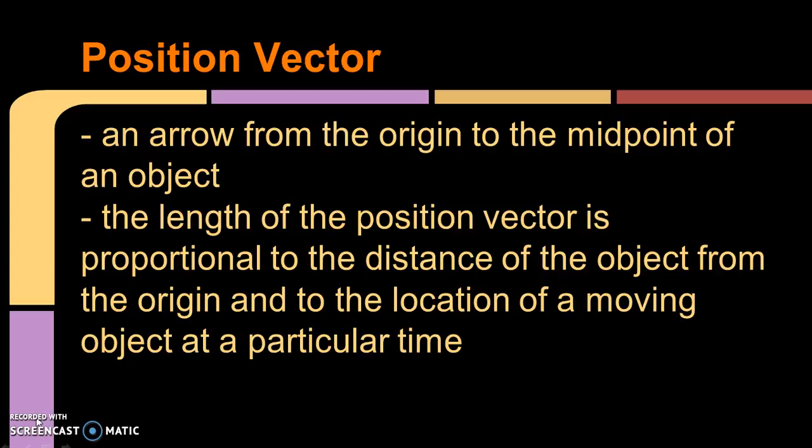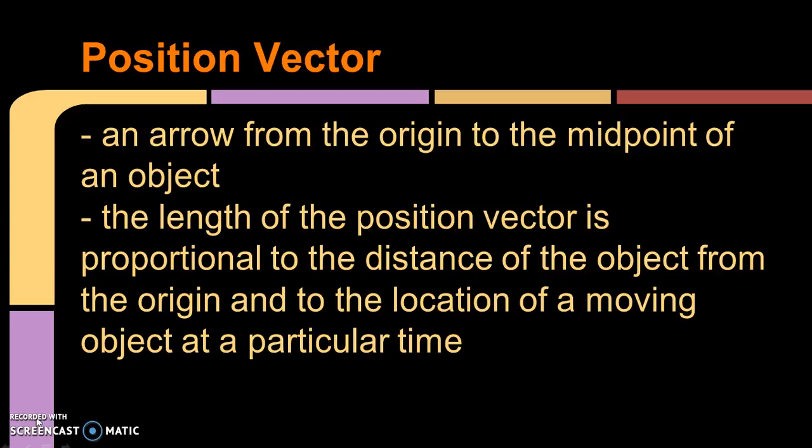One option for tracking motion is a position vector. Vectors will become very important in our inquiry into motion. They are represented by an arrow from the origin to the midpoint of the object. The length of the position vector is proportional to the distance of the object from the origin and to the location of a moving object at a particular time.